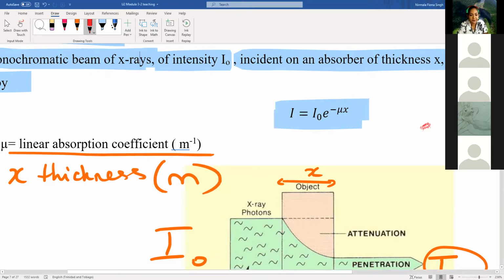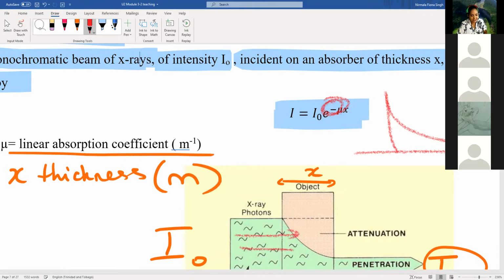This is how we end up knowing that we have a decay curve. Anytime we see a minus sign in an exponential equation, we know we are dealing with exponential decay. And here we can see as the material gets thicker and thicker, your radiation gets smaller and smaller, which means it is decaying or getting less.